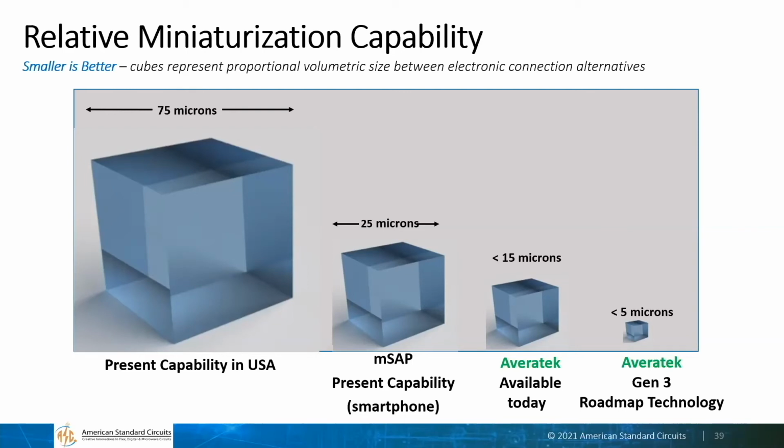So going to MSAP, which is sort of the present capability for high-end consumer products like smartphones, you can see that it goes to 25. And that's not a 3x improvement. It's a 9x improvement in area and close to 27x improvement in volume. And the Averatek A-SAP process can meet or exceed that, depending on the lithography capability.